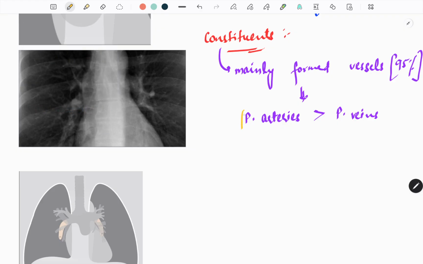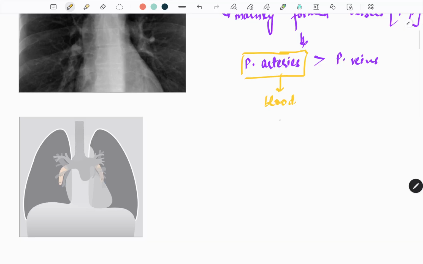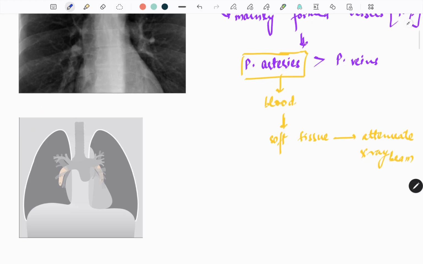As we know, pulmonary arteries carry blood, so this will come under soft tissue and will attenuate the X-ray beam, and hence will appear gray.